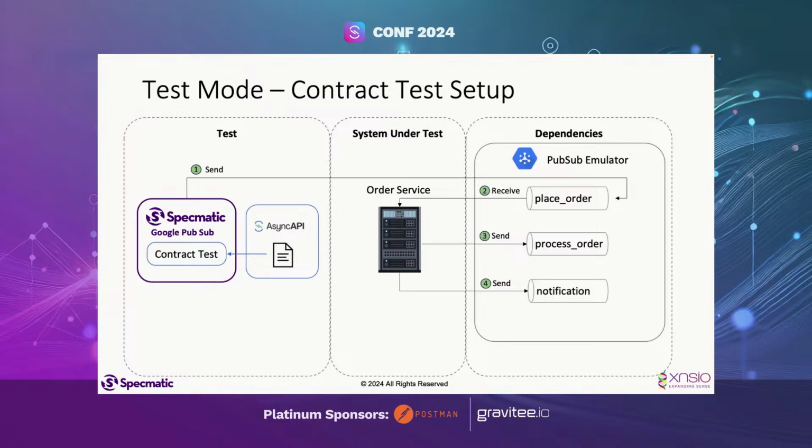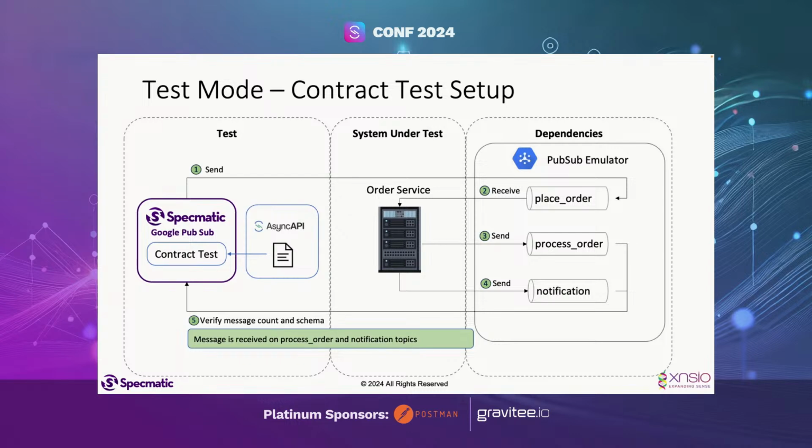Because the AsyncAPI spec also contains details about where the response messages arrive, Specmatic is also able to understand where to await those messages and verify whether you got the right kind of messages and the right number of messages on the appropriate topics, and whether those messages we received are according to the schema that we have defined in the specification.